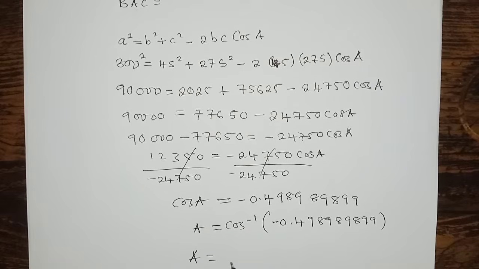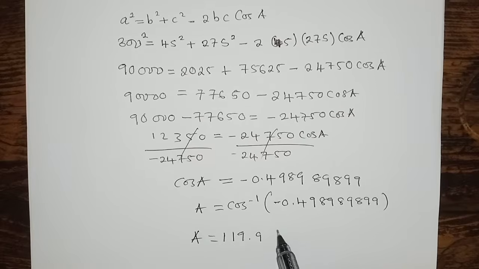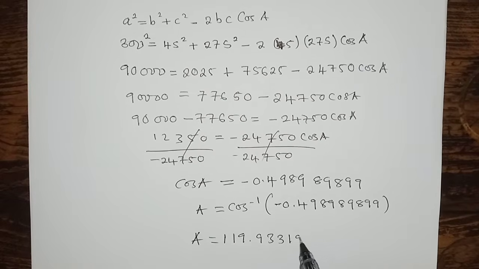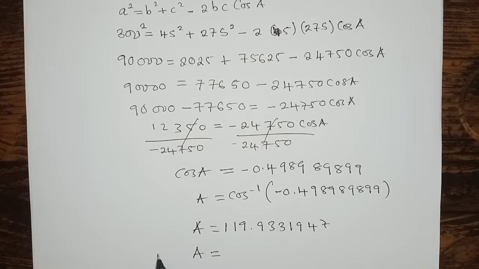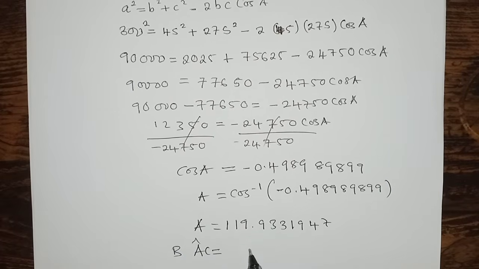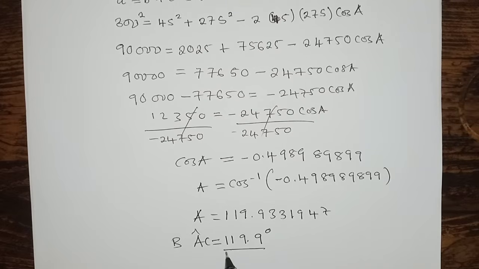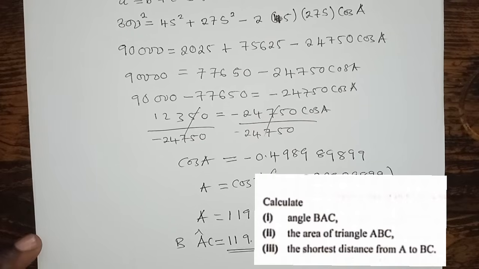So what is our A? Our A will simply be equal to 119.331947. So angle BAC is equal to this, this is our answer. So we have answered this question.